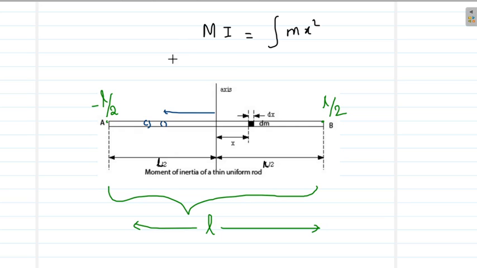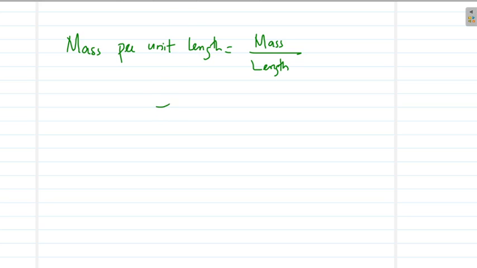So let us define mass per unit length as mass by length of the rod. It indicates the mass of the rod per unit length, say 1 centimeter or 1 millimeter or 1 meter. That is defined as rho in this case, the linear mass density. So it is mass by length.